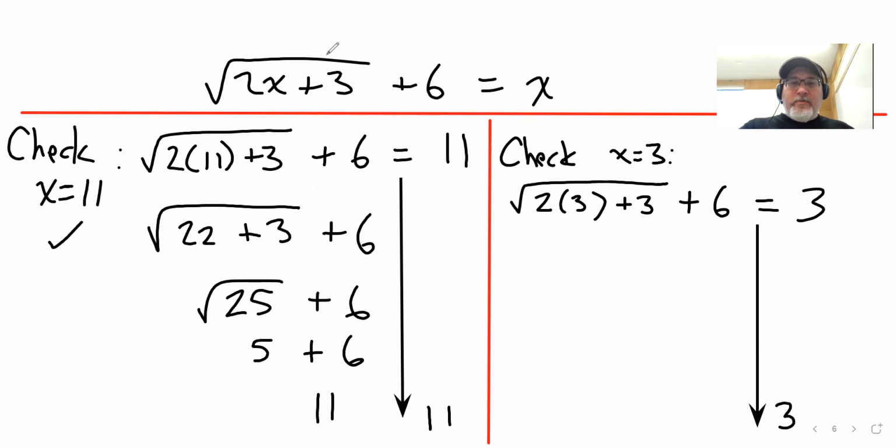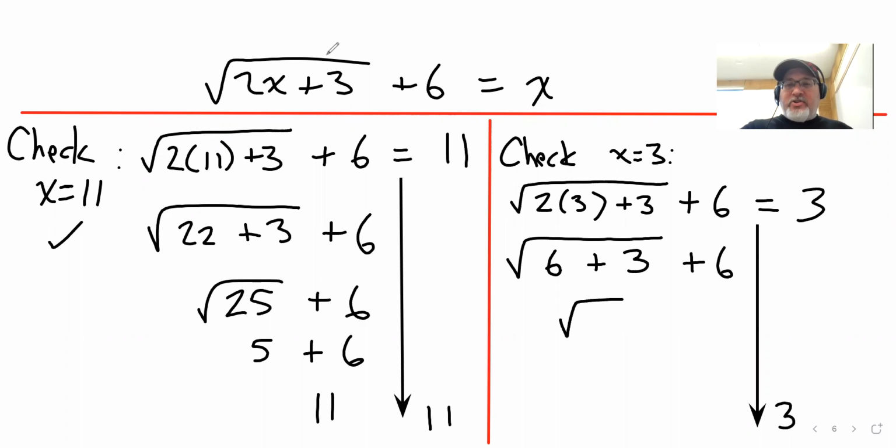Starting under the square root, 2 times 3 is 6, but we haven't done the plus 3 under the square root yet, or the plus 6 on the outside. Under the square root, 6 plus 3 is 9, but we haven't done the square root yet, nor have we done the plus 6 on the outside. The square root of 9 is 3, haven't done the plus 6 yet, and 3 plus 6 is 9. And more importantly, 3 plus 6 is not equal to 3.